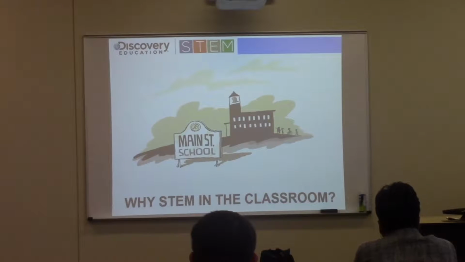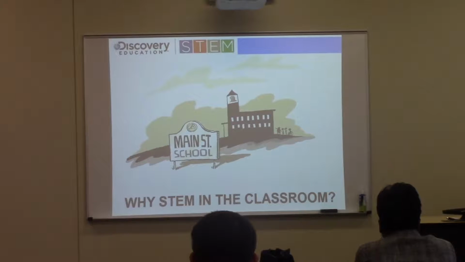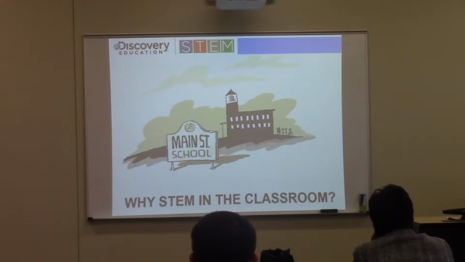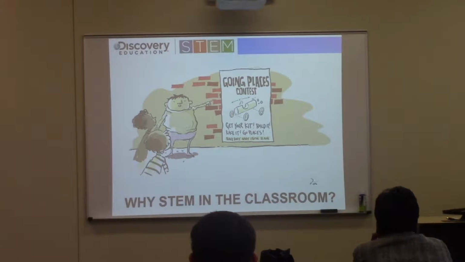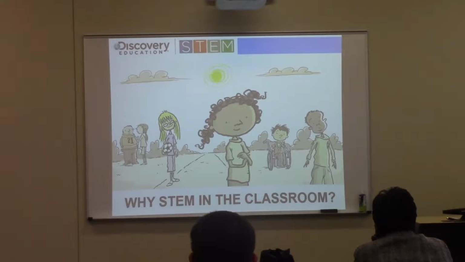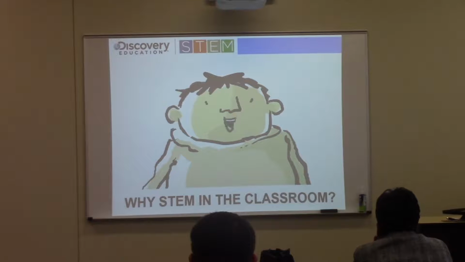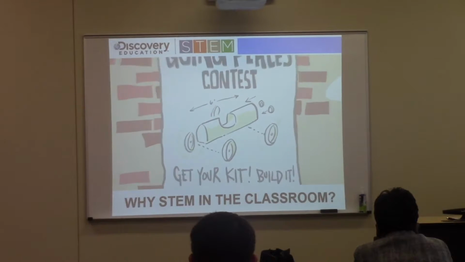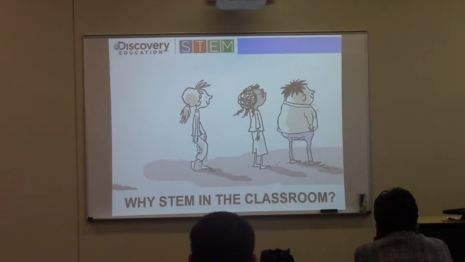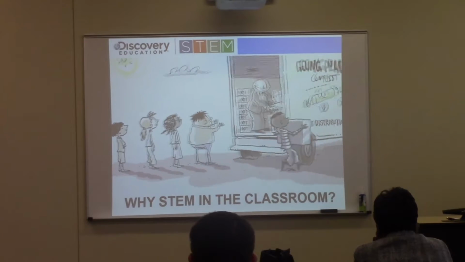It was a warm spring morning down at the Main Street schoolyard. Excitement was in the air. "Hey, check this out," said Charlie. "The school's Going Places contest has been announced. Come on, let's go get our kits." And so the kits were handed out.